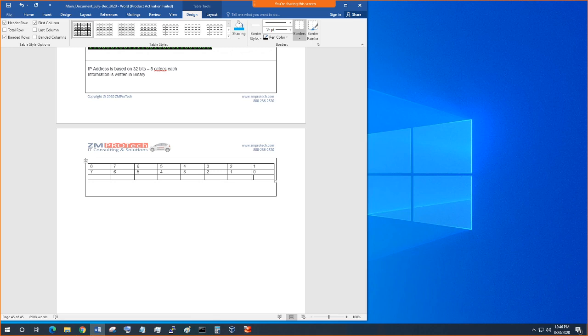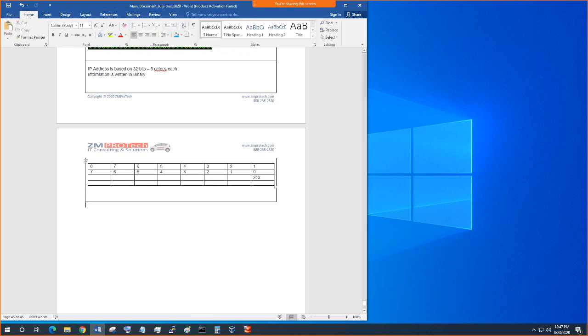So now here's another interesting thing. We have 0, 1, 2, 3, 4 here. The very first one we're going to use is 2 to the power of 0, and 2 to the power of 0 is 1.